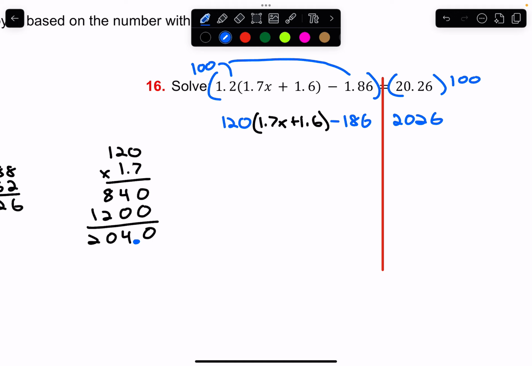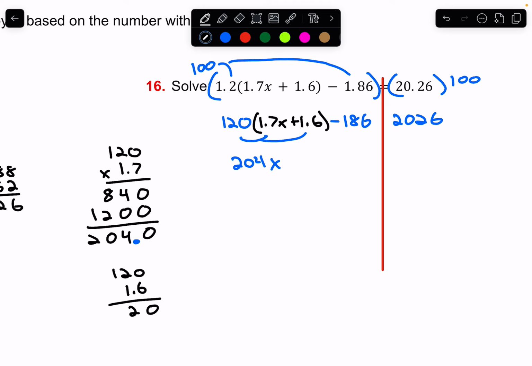So 120 times 1.7x is going to be 204 times x. And then now I got to do 120 times 1.6. So again, on the side, do a little scratch work, where I'll multiply that 6 times everything. Oops, I keep carrying too many numbers there.